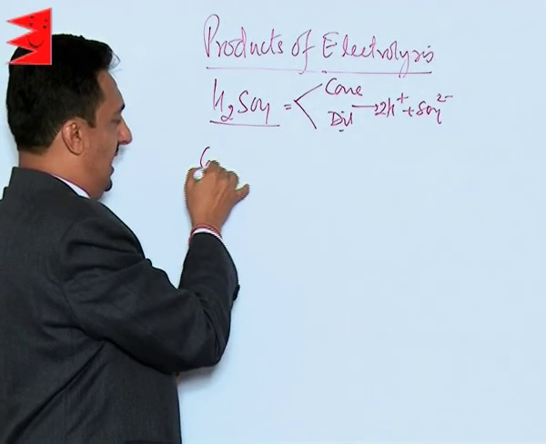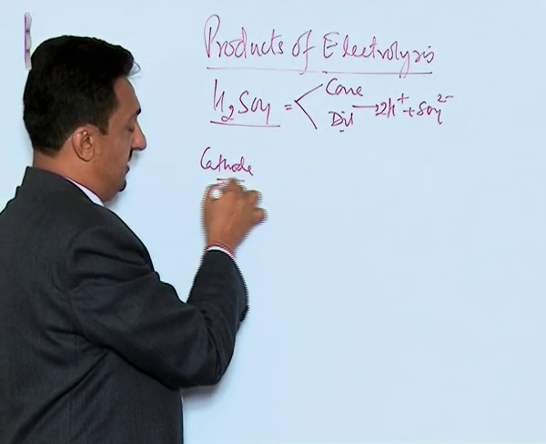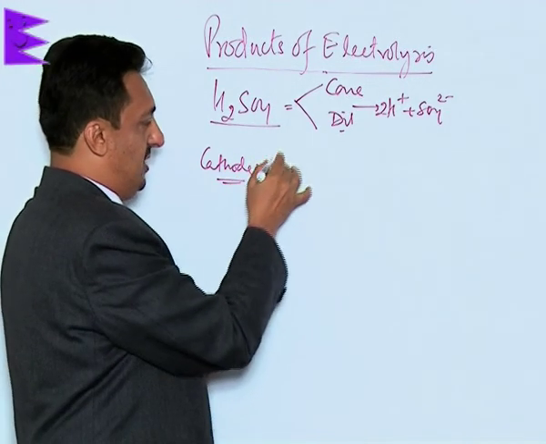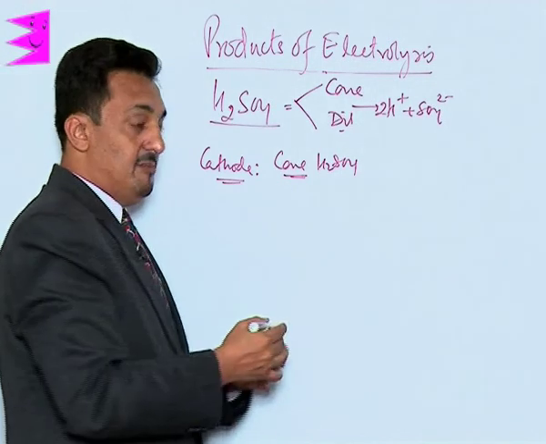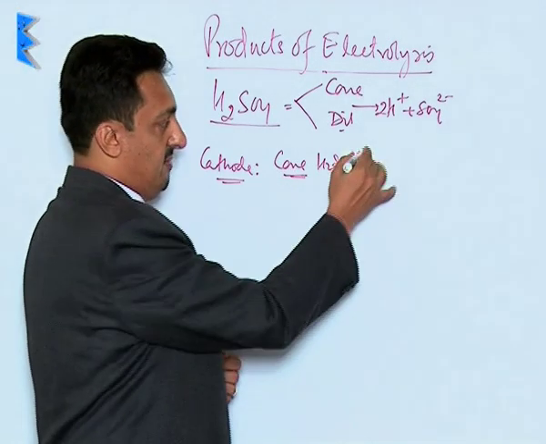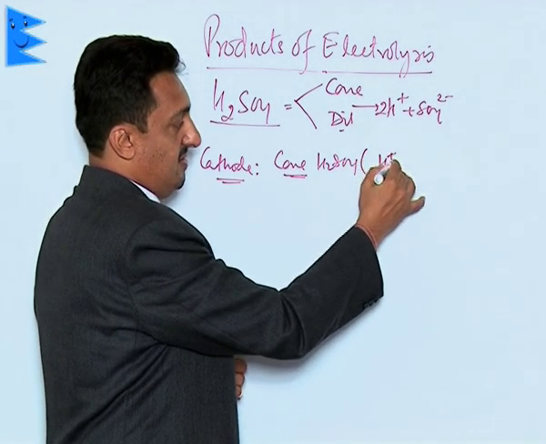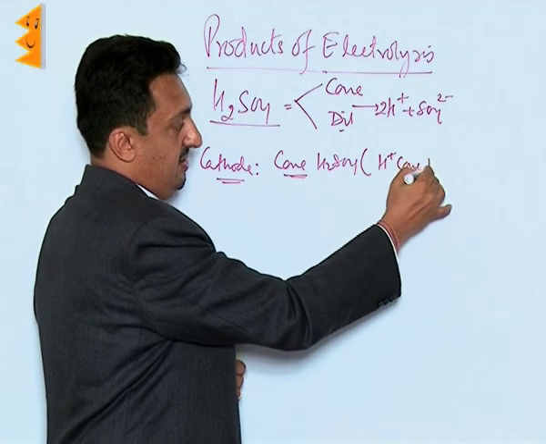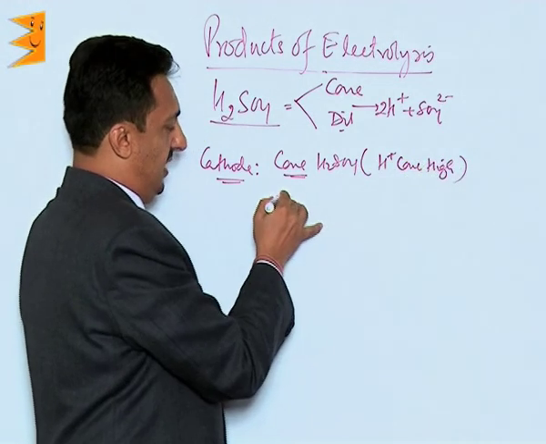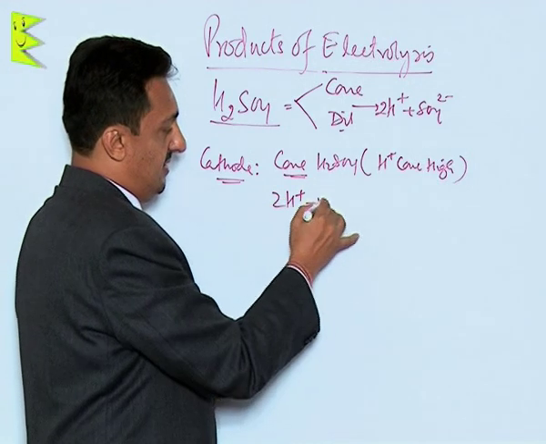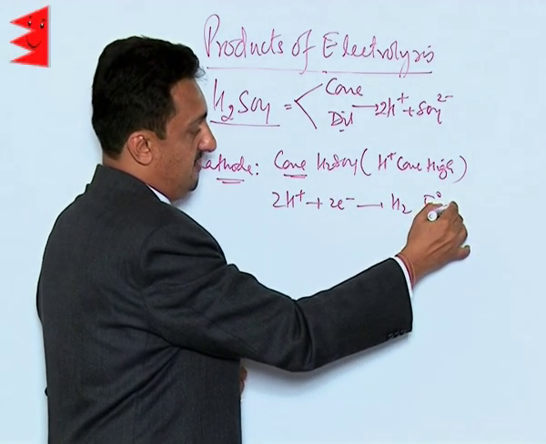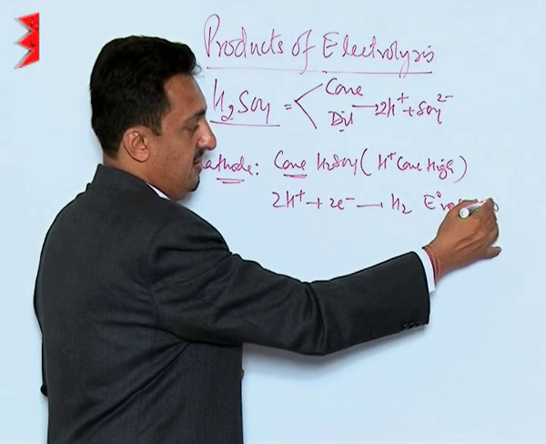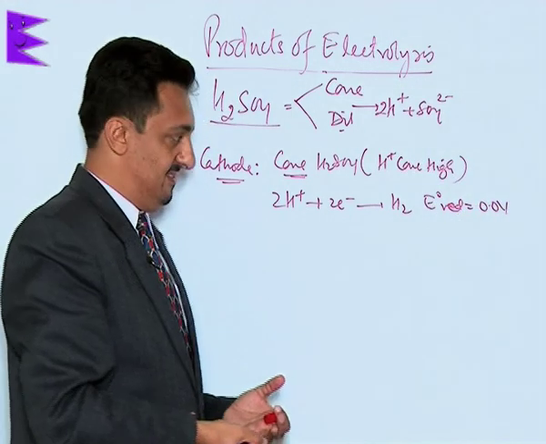Now let us see what we find at the cathode. If the solution is concentrated H2SO4, we will have a lot of H plus ions, the concentration is high. So H plus ions get reduced, and we know their reduction potential is 0. So there is no conflict from any other species in this case.